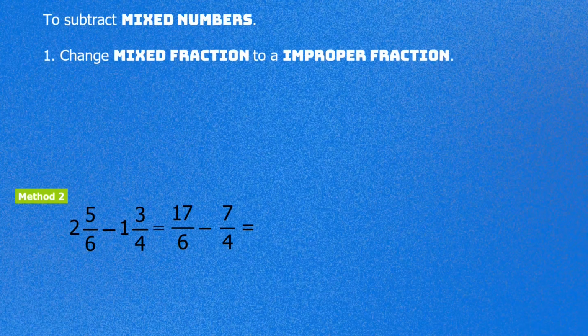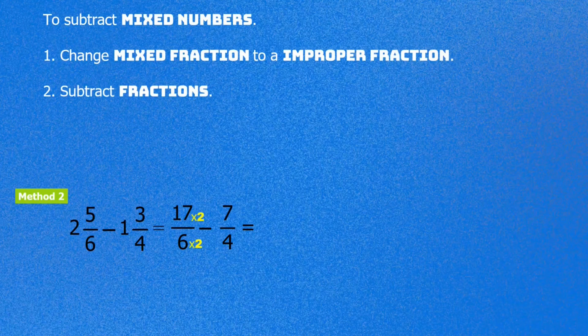Now, we simply need to find the lowest common denominator for both fractions before we start subtracting. Now both our fractions have a common denominator.